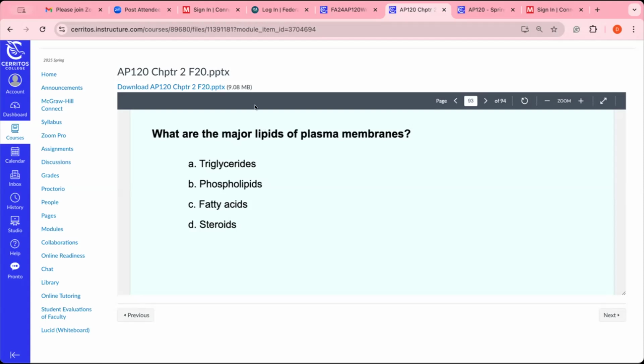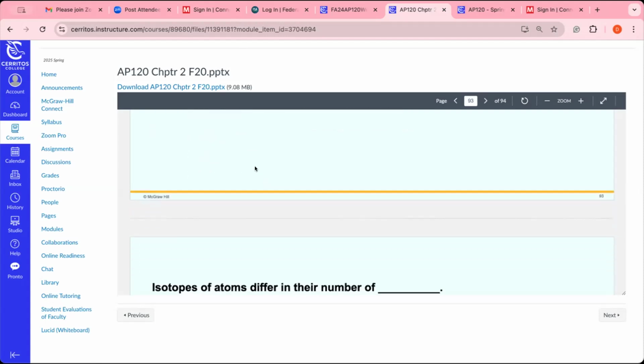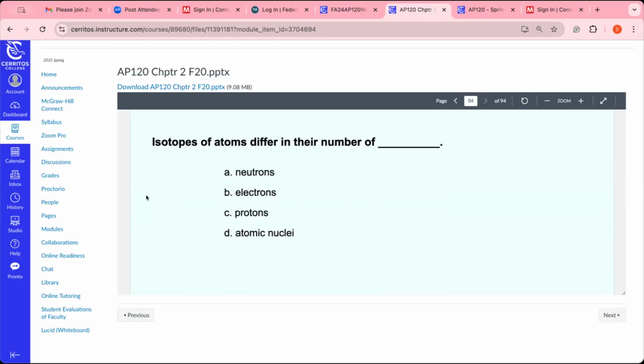And then we have another one. Isotopes of atoms differ in their neutrons, electrons, protons, or atomic nuclei. Well, isotopes have the same number of protons, but different numbers of the atomic nuclei just means the atomic number.